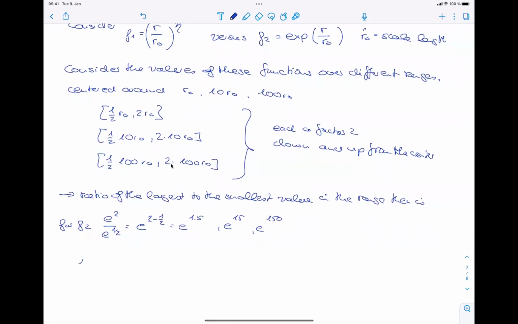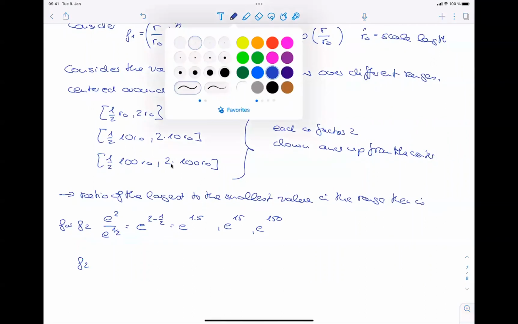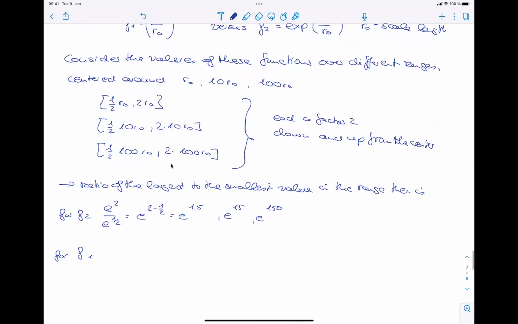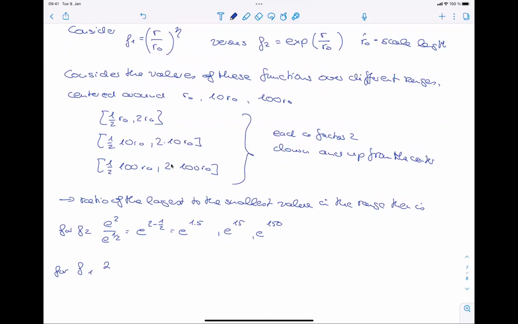Now the magic is that if I do this for the scale-free function, I take 2 to the power of eta and divide by half to the power eta, and that's nothing else than 4 to the power eta.